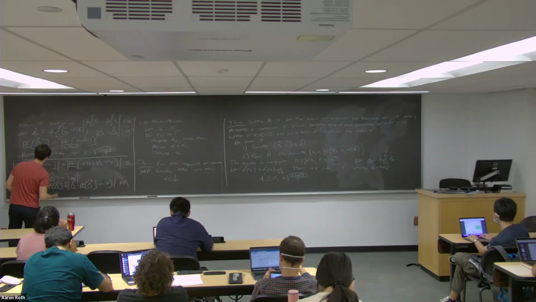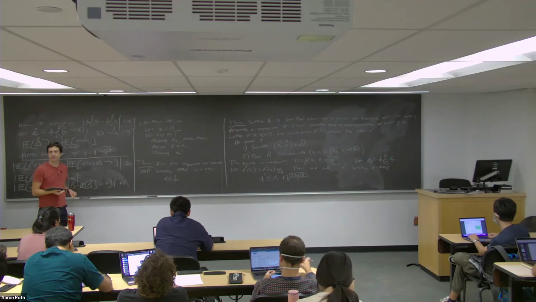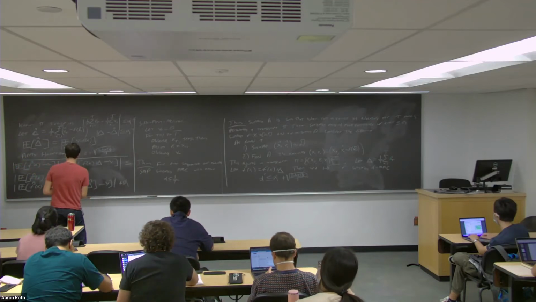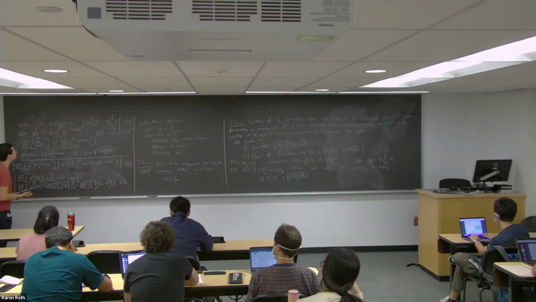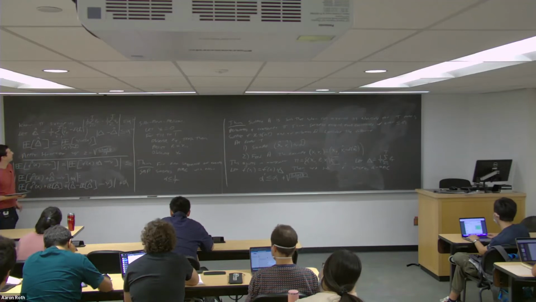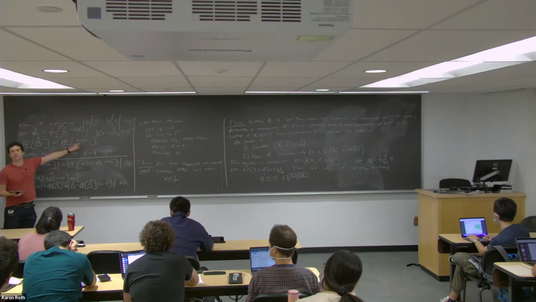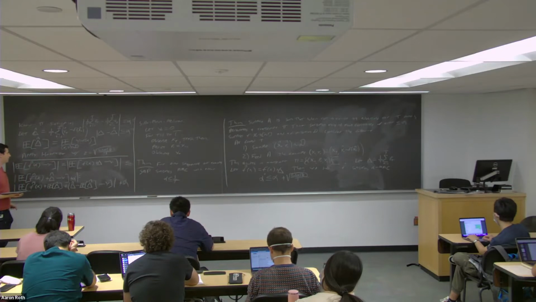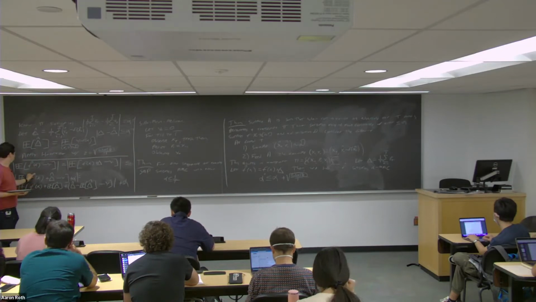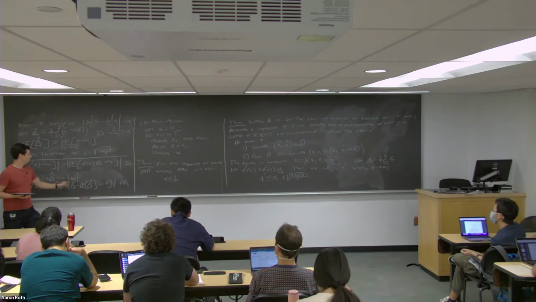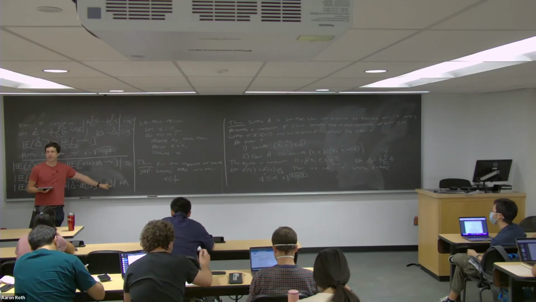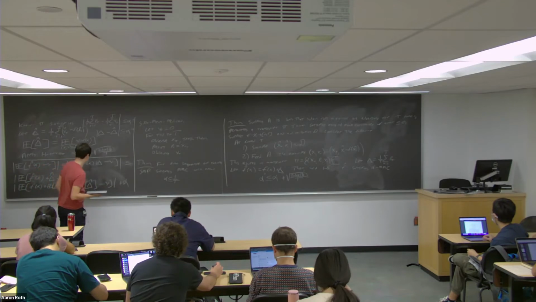All I've done is add the expectation of delta hat and then subtract it off again. And the expectation of delta hat is y minus f of x. So the expectation of delta hat cancels out the f of x minus y term in this expectation.